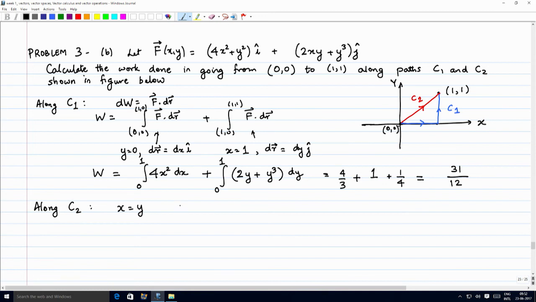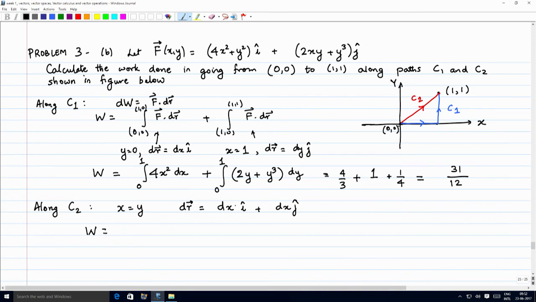So dr can be written as dx i plus dx j, because dx has to be equal to dy, and so along this path you can write dr in this form. Both components are there. So r has both an x and a y component, dr has both these components, but they will be equal. So now if I do the integral, what I will get is w.